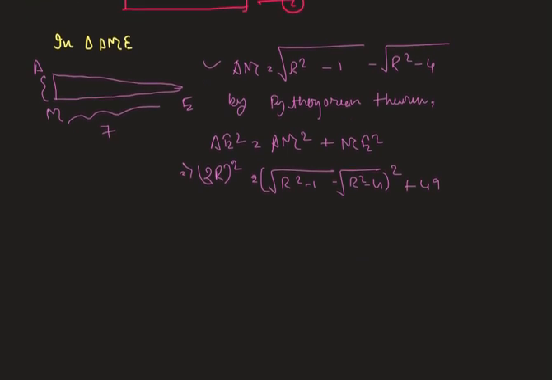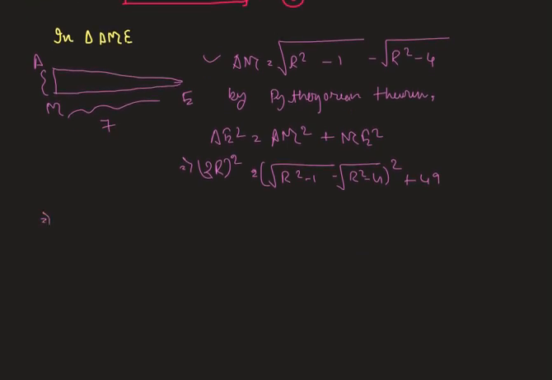Therefore, after solving this, we get 4r square equals r square minus 1 plus r square minus 4 minus 2 into root over r square minus 1 multiplied by r square minus 4, plus 49.